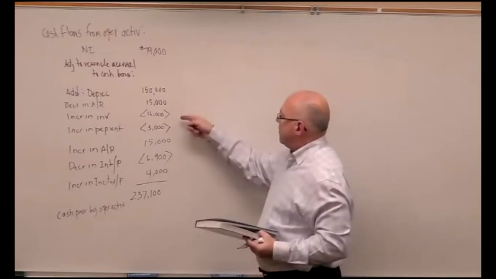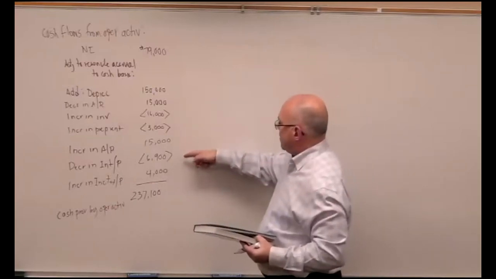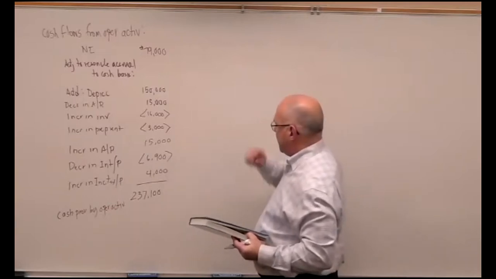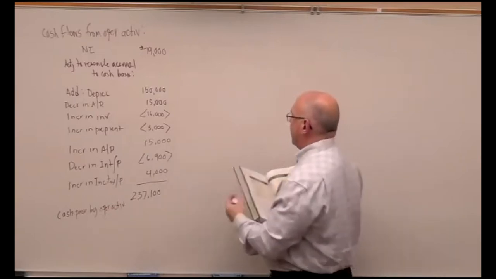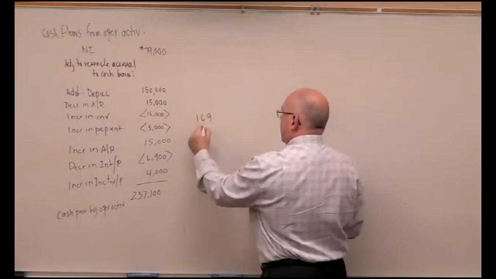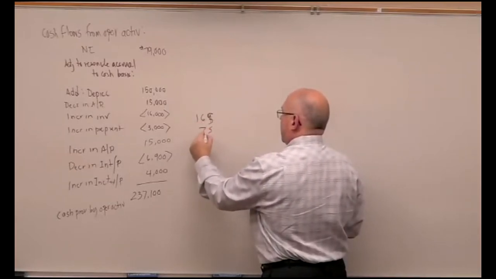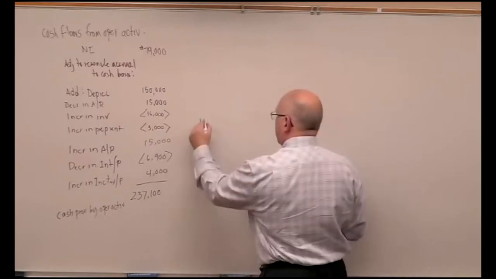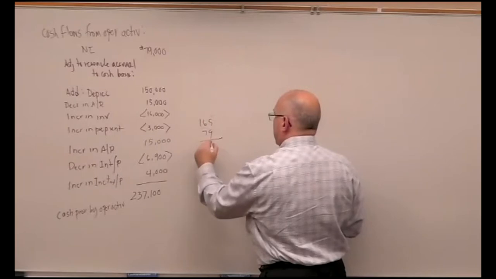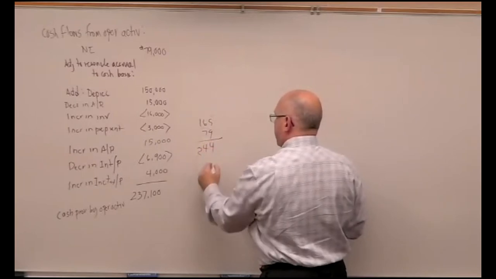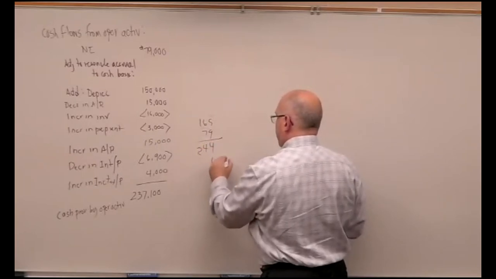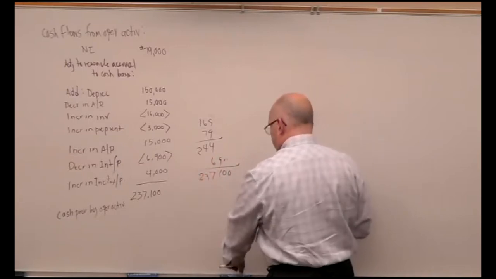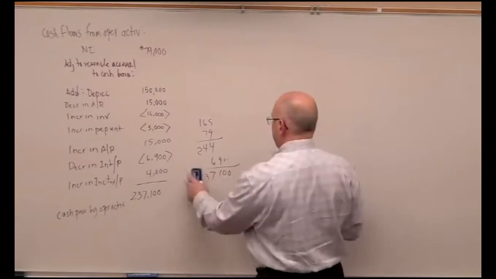So there's 149, 146, 161, 165. 165 plus 79, 44 minus 6,900. 237. Not that I didn't trust you.